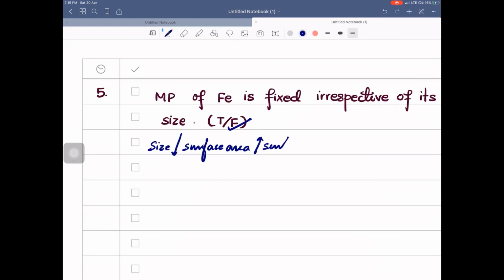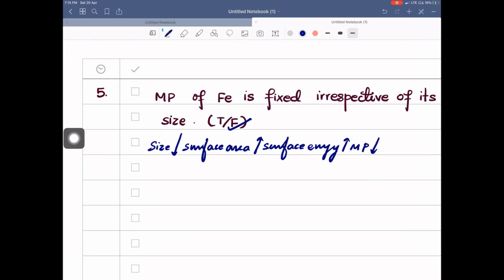When surface area increases, then surface energy increases. The surface energy, that is the total energy of the particle, increases, and due to that the melting point decreases. So we can't say that the melting point of iron is fixed irrespective of its size.